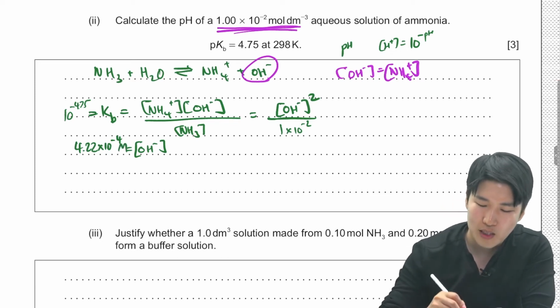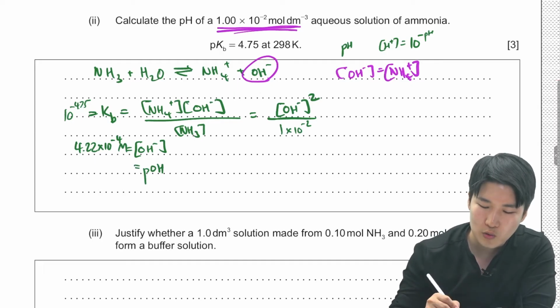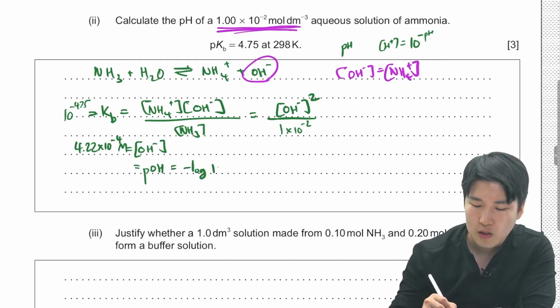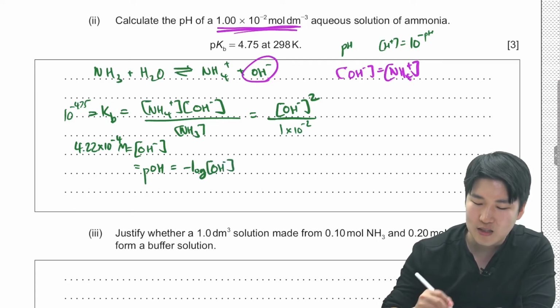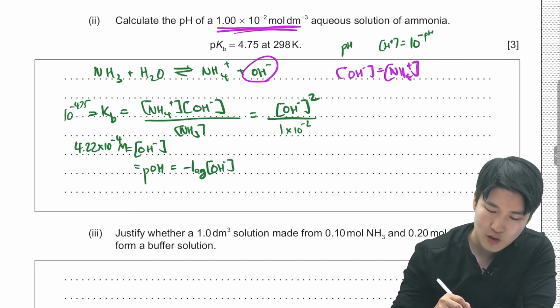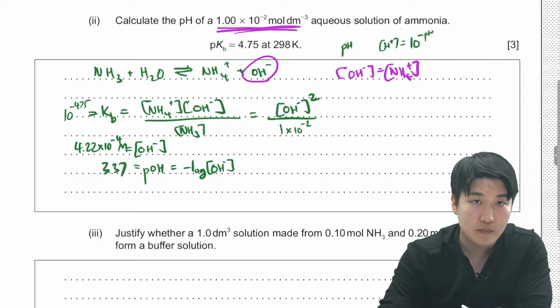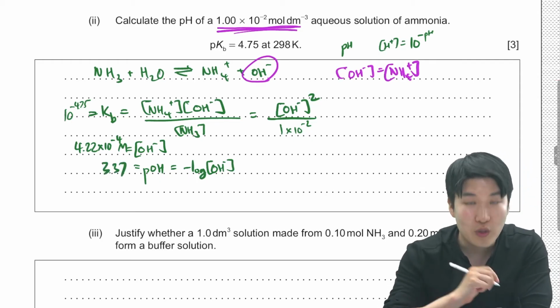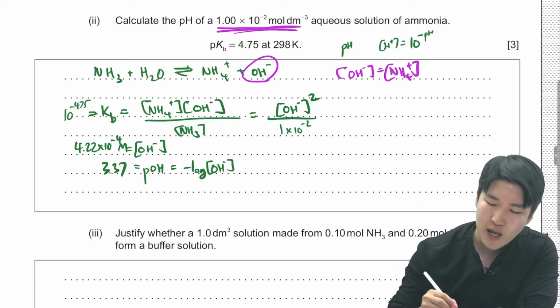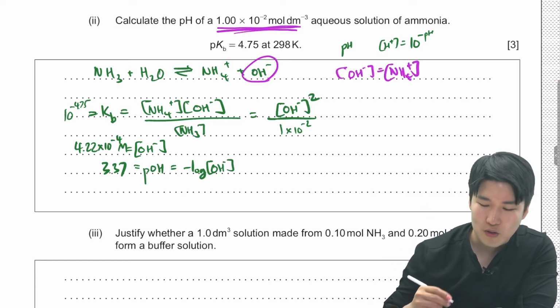With this, we can find the pOH. How? pOH is going to equal minus log OH minus concentration, which in turn will give us the value of 3.37. If we know the pOH value, we can work out the pH value. From where? From the ionic constant of water equation.